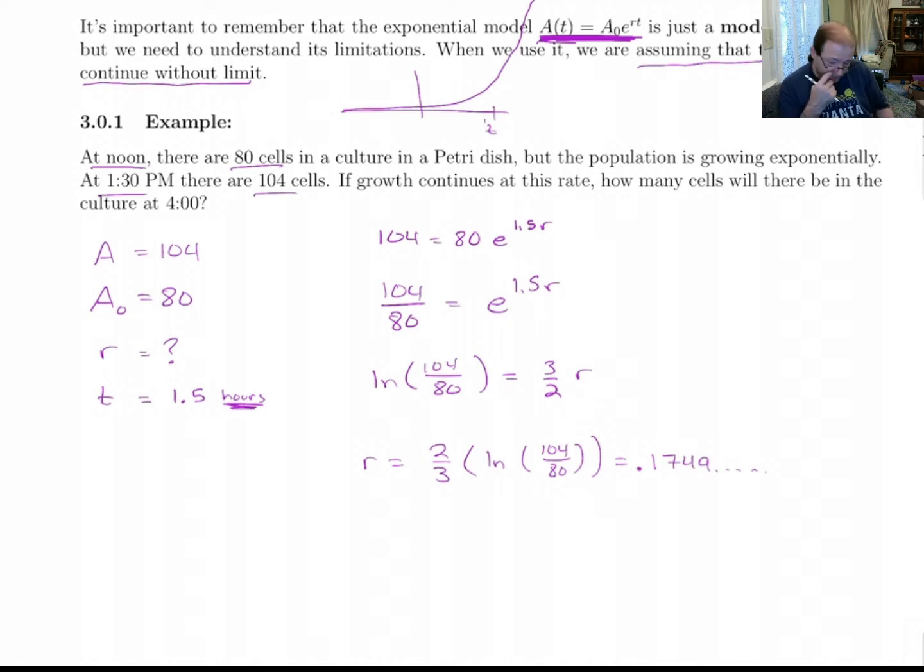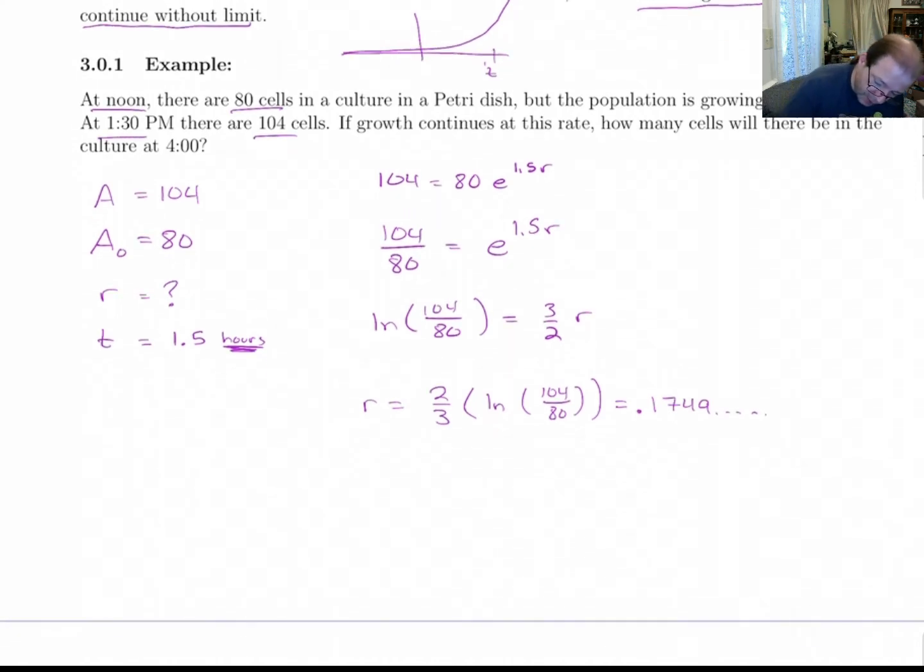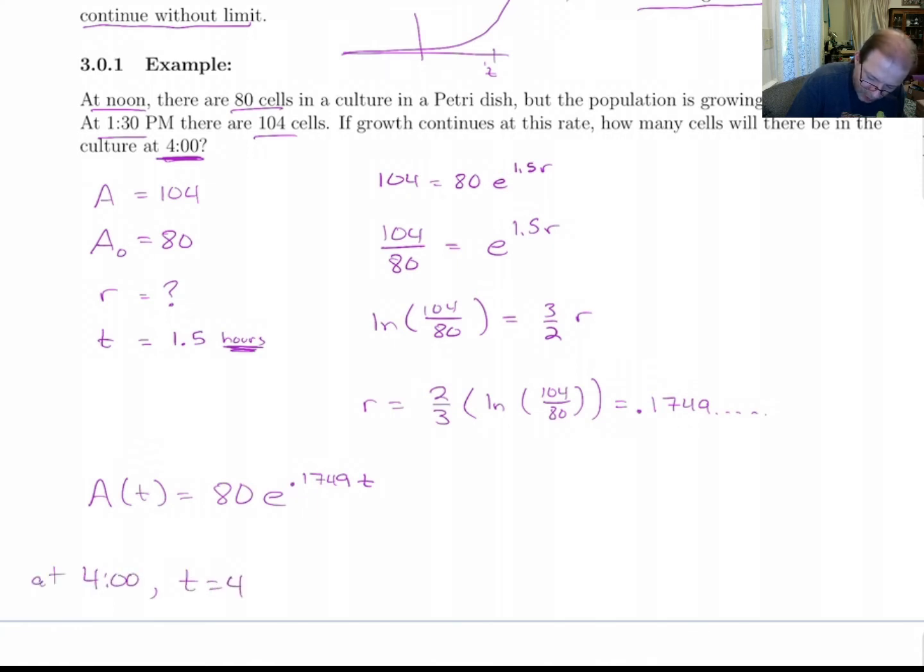All right. So that means that our model here is A of t is 80 e to the 0.1749 t. So let's see, we're talking 4 o'clock. At 4 o'clock, t is 4.